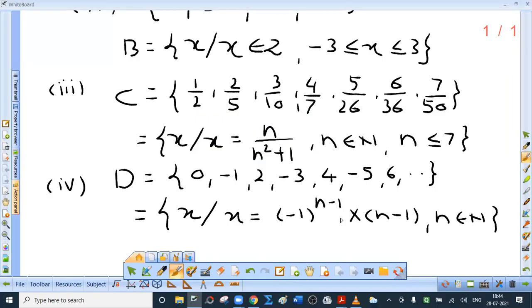Check: put n equal to 1, first natural number. So it is 0 present. Then put n equal to 2: minus 1 raised to 2 minus 1 is basically minus 1 raised to 1. It is minus 1. 2 minus 1 is 1. Minus 1. Yes. And so on. So this is how we can represent set D.